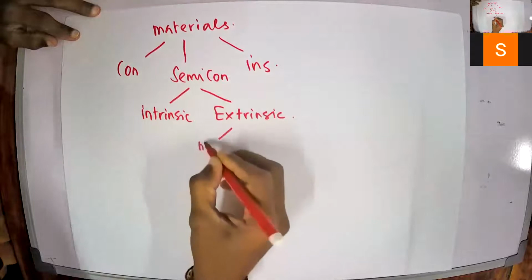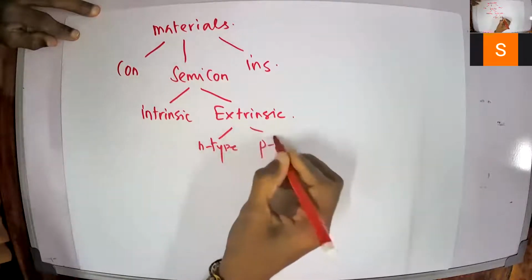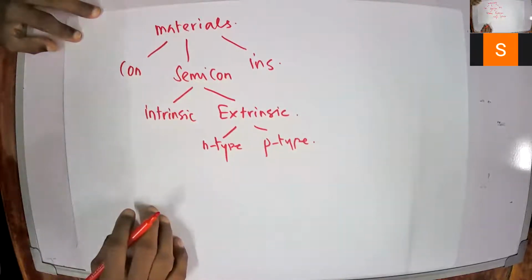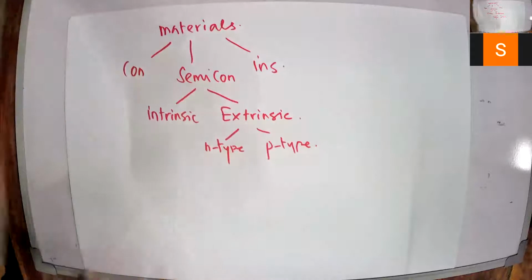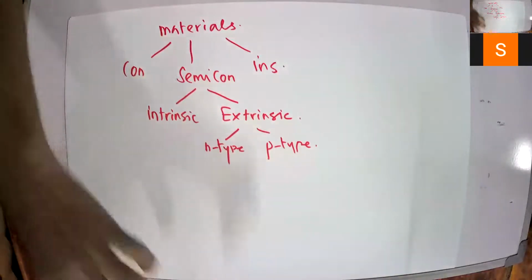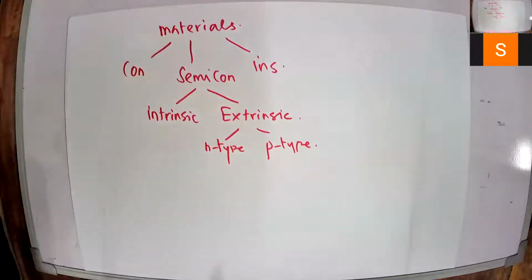Extrinsic again n-type and p-type. Clear, right? So this is what we have seen so far. We have seen how the electron hole pairs are generated in intrinsic semiconductors, and how we can create extrinsic semiconductors of both n and p type.